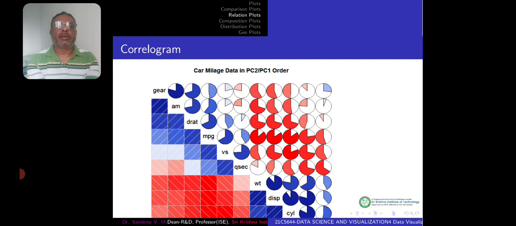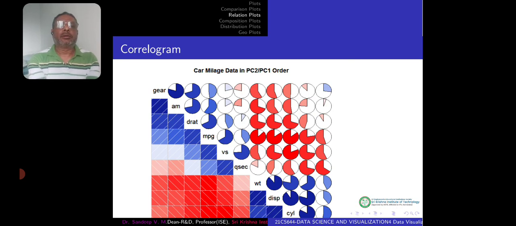And if you look at gear versus MPG, it becomes duller, more light blue. So there is no strong correlation, yet it is positive because it is showing blue. It is positive, but not very much. The slope is less compared to gear versus AM, where the slope is maximum; for gear versus MPG, the slope is a little less, yet still positive.